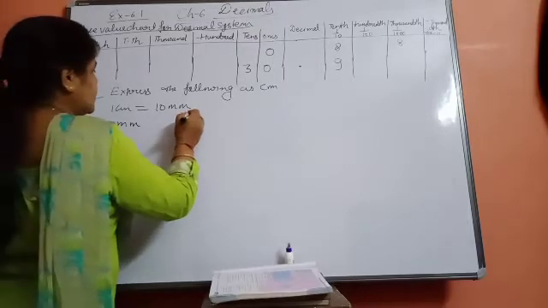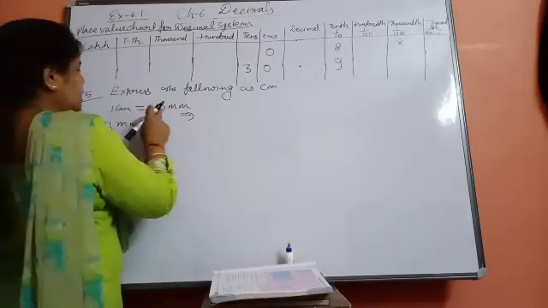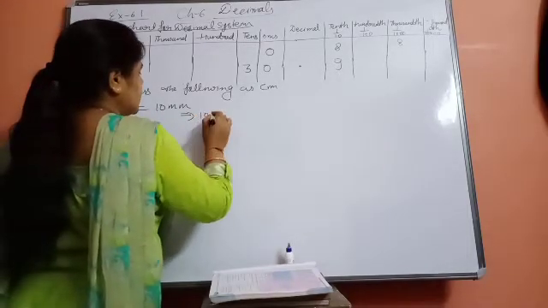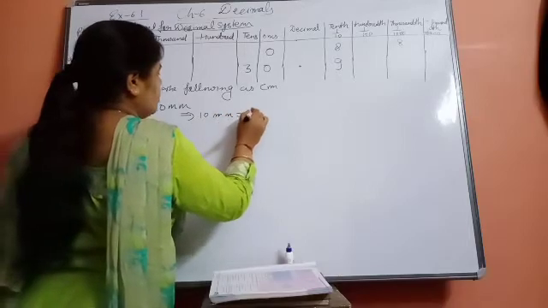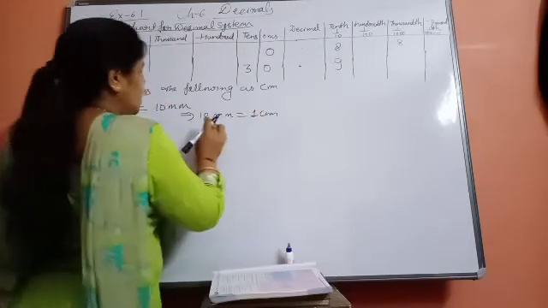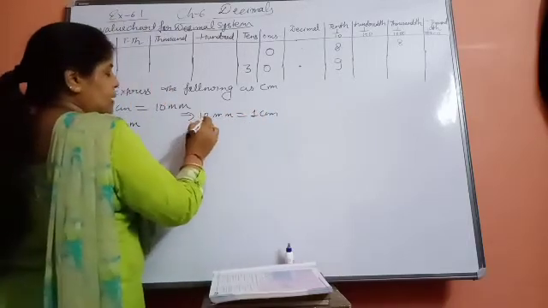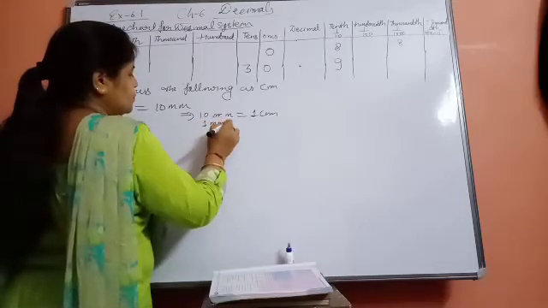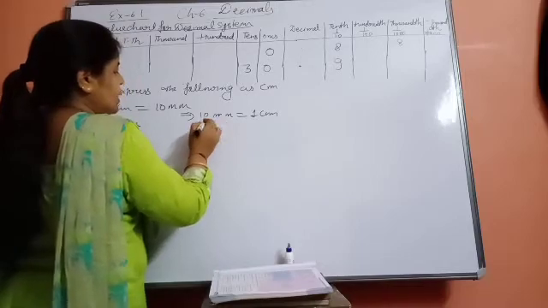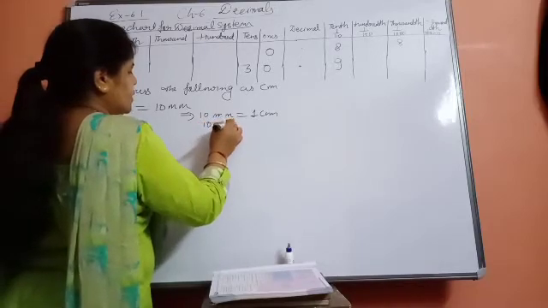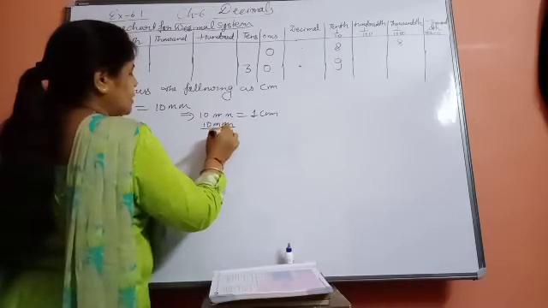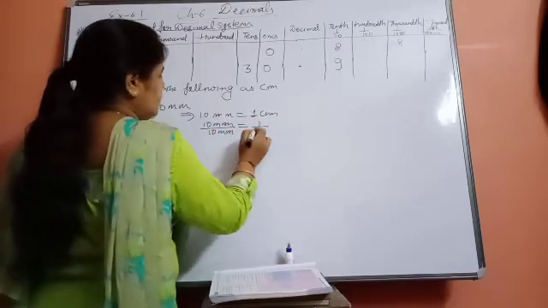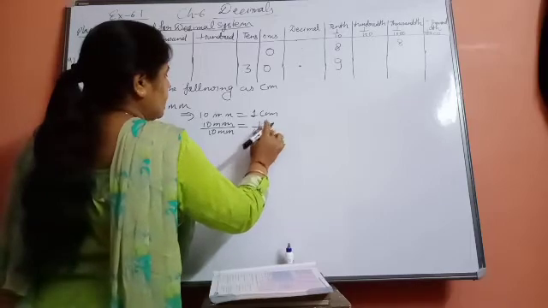So if 1 centimeter is equal to 10 millimeter, then 10 millimeter is equal to 1 centimeter. If you would like 1 millimeter, divide both sides by 10.